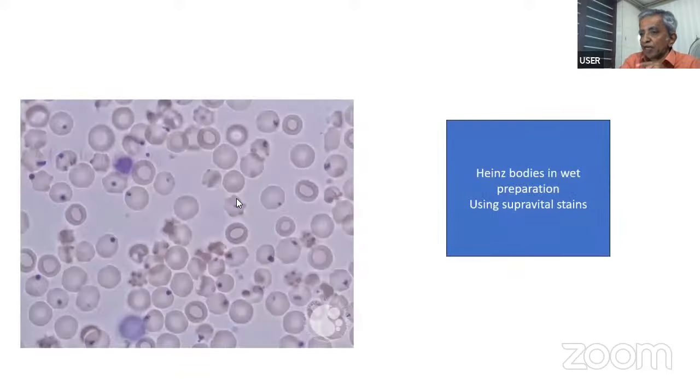You find this is the RBC, hemoglobin is denatured, and it is precipitated here. You can see the bluish spot, typical of something like a signet ring. This is typical of a Heinz body test. You use a supravital stain, brilliant cresyl blue. This is also indirectly suggestive of oxidized or denatured hemoglobin by oxidant stress. Okay, that's what I meant.